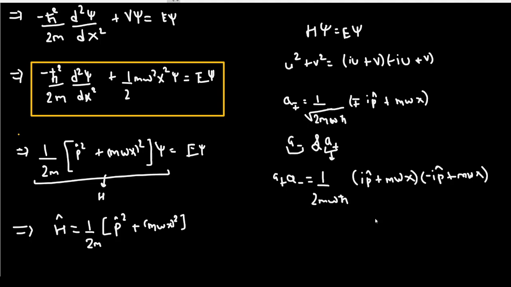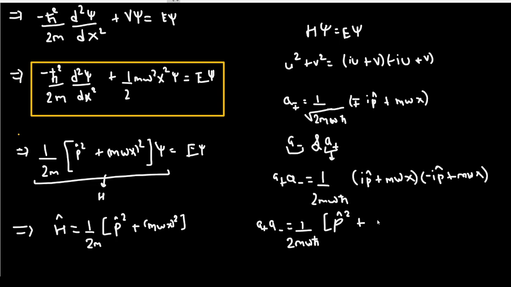Now we are going to multiply it. Multiplying out this expression, A plus A minus equals 1 over 2 m omega h cut. Multiplying, iota and iota becomes negative iota, and this negative becomes positive, and it becomes p cap square.